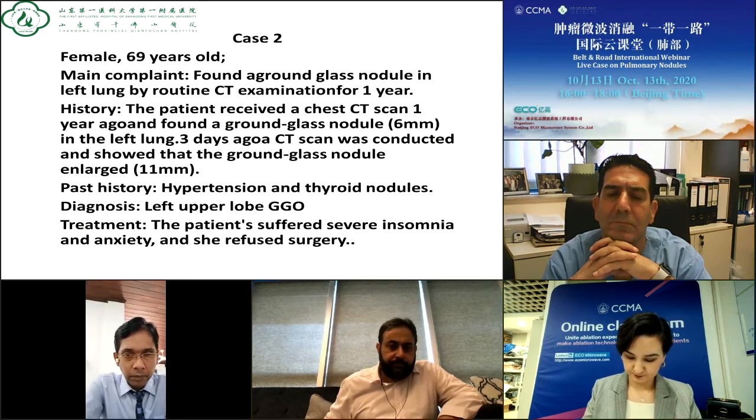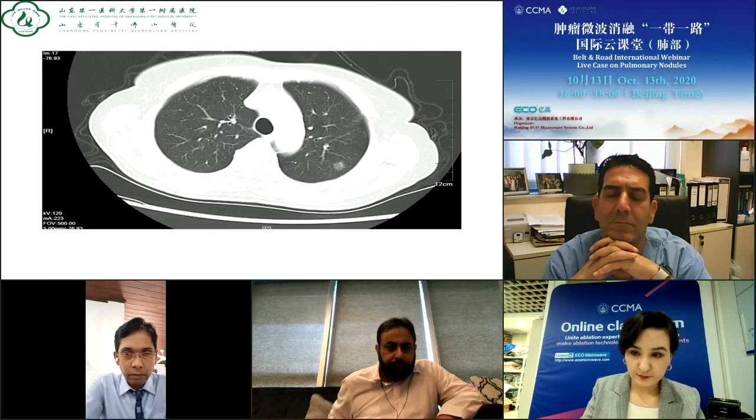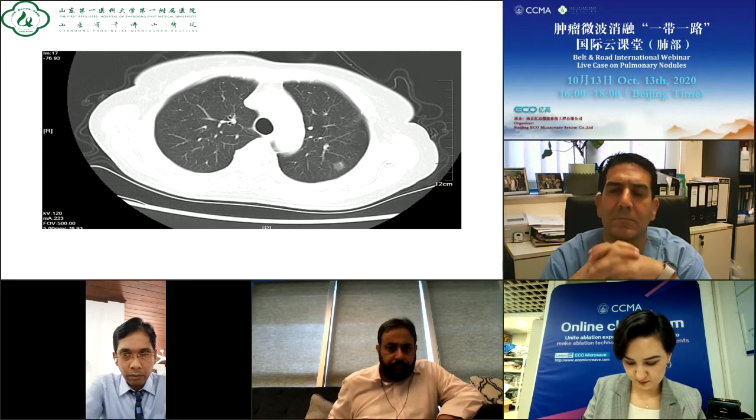She suffered hypertension and thyroid nodules. The patient also suffered severe insomnia, and she refused surgical treatment.